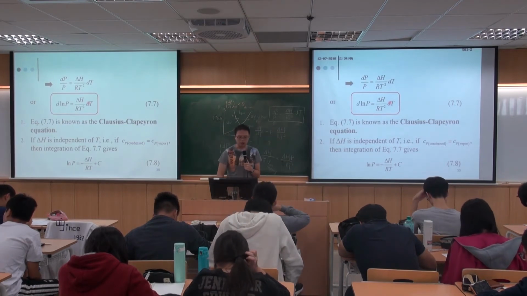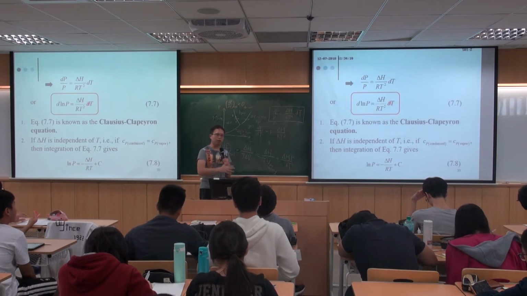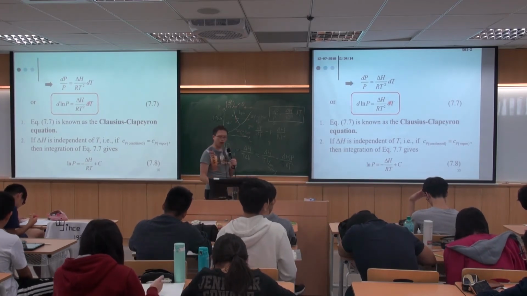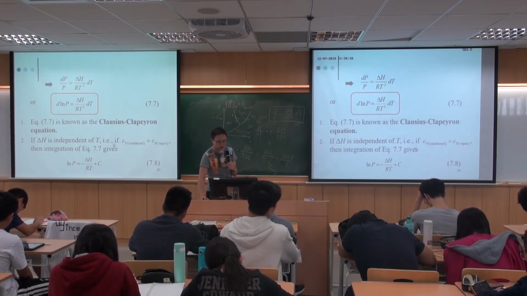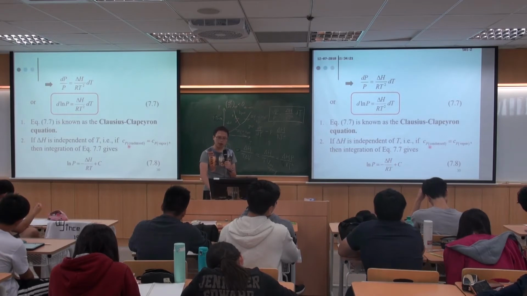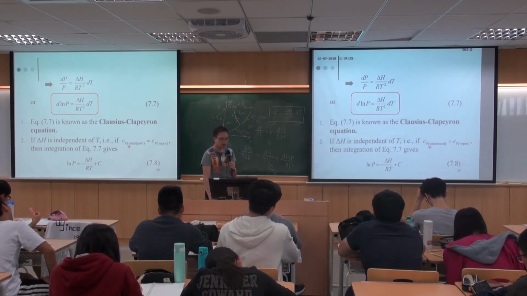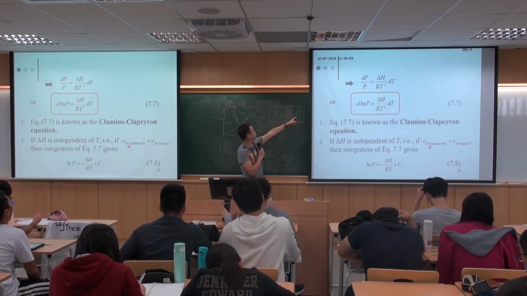So if delta H is independent of temperature, in most cases delta H will be dependent on temperature, but if it is independent of temperature, and if the molar heat capacity of the condensed phase is the same as the vapor phase, which means that delta Cp is 0, then this is just a constant and it's independent of temperature.